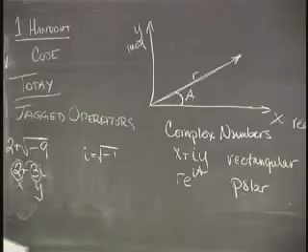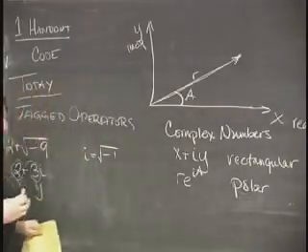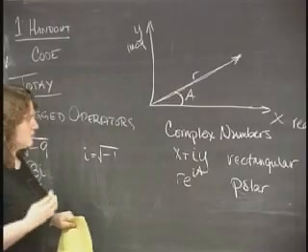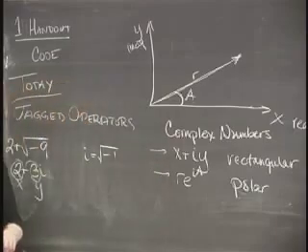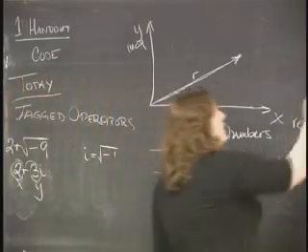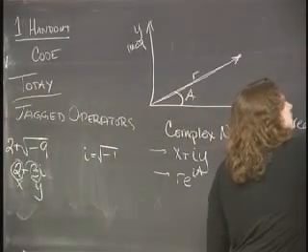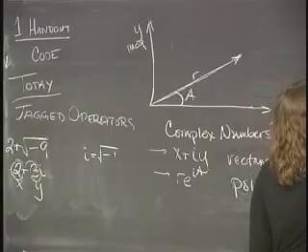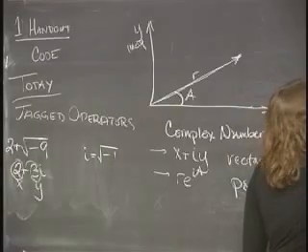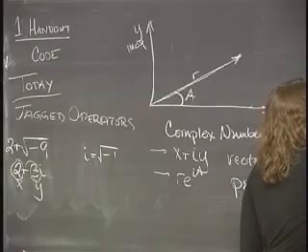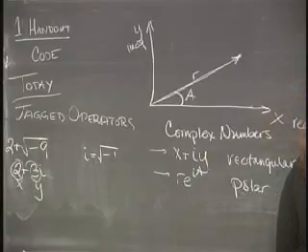Okay, so let's say we've got some complex numbers and we want to operate on them. Let me just tell you, if we're going to add two complex numbers, would it be easier to add them in this format or in that format? The first one. So if we have x1 plus iy1 plus x2 plus iy2, well, that's going to be equal to x1 plus x2 plus i times y1 plus y2.